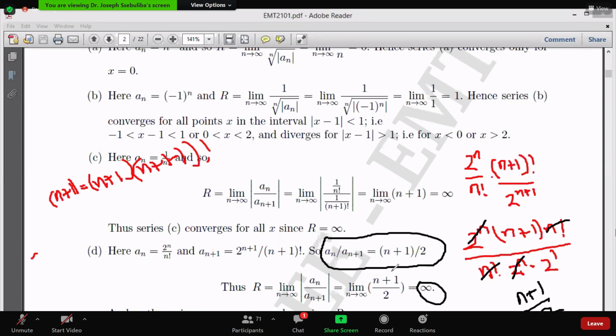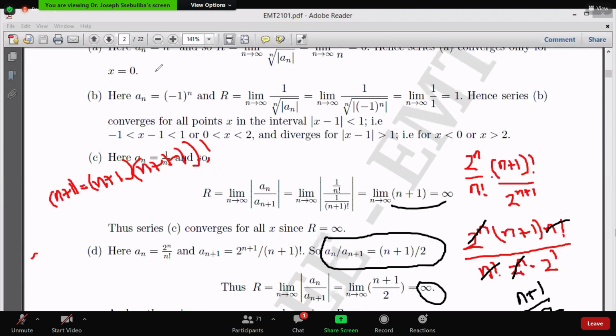So this is infinity over 2. Infinity over 2 will give you infinity. And we are saying the series converges everywhere since R is infinity. The conclusion for this is the same as the conclusion we had there.